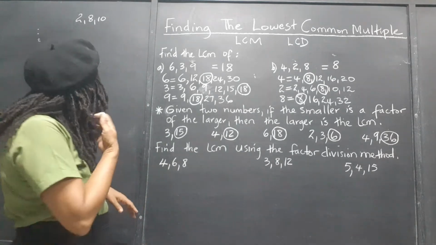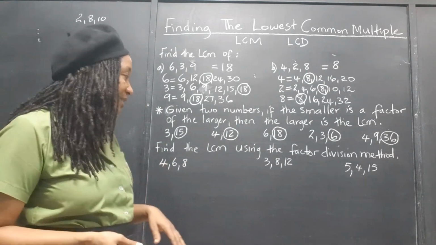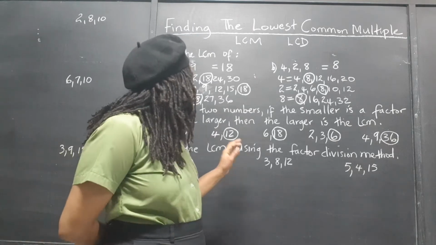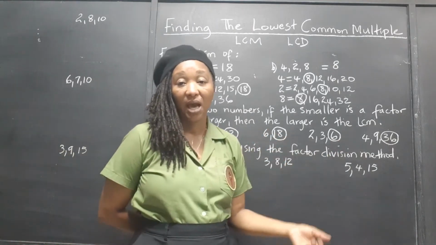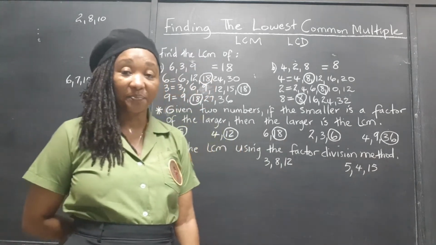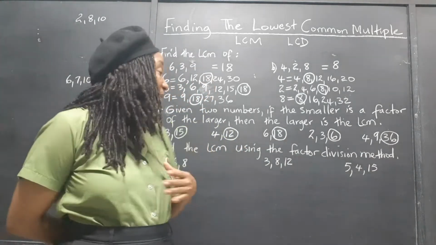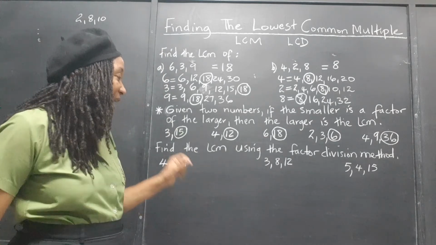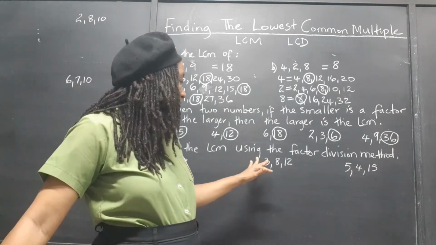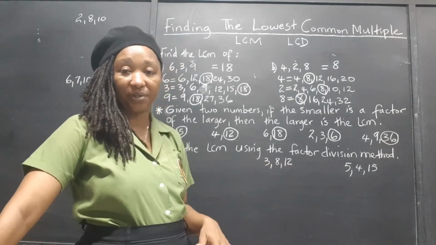Alright, the third method I'm going to teach you now to find the LCM is what I call the factor division method. I don't know if it goes by another name, that's what I call it. Because what we're doing here is we're dividing all the numbers given.